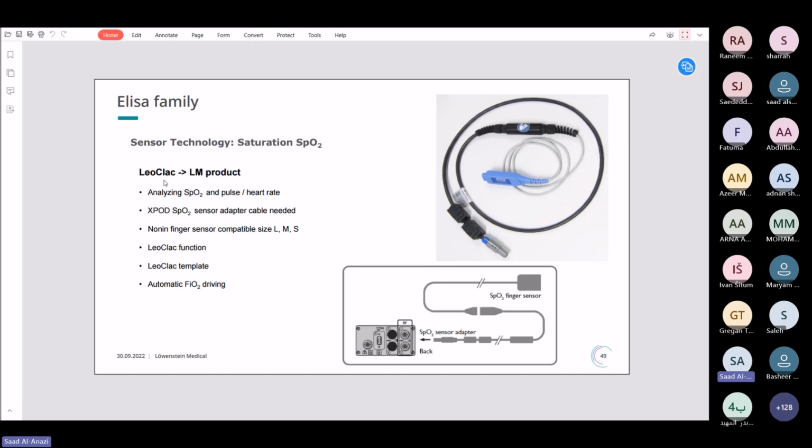As you see, the LEO cap for the CO2 is the adapter, and there is an adapter for the saturation monitoring.